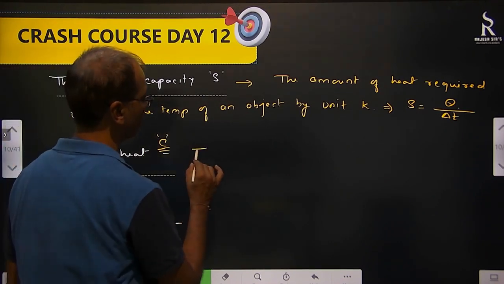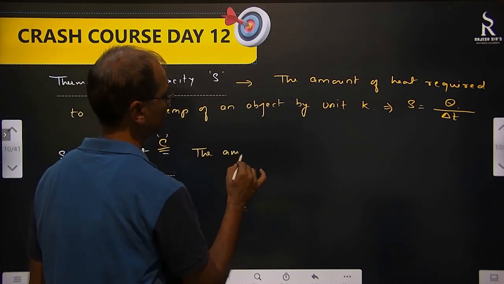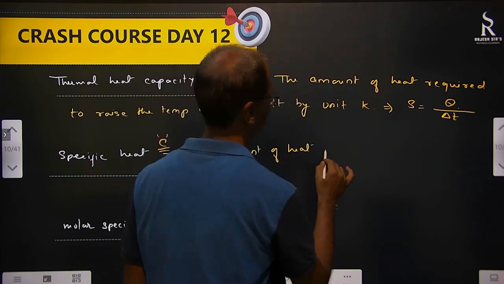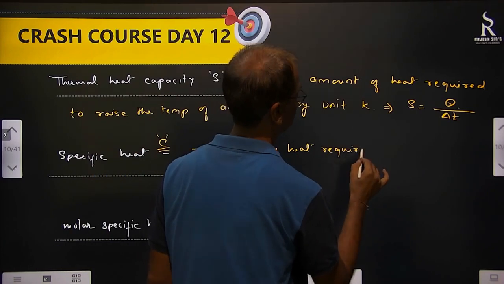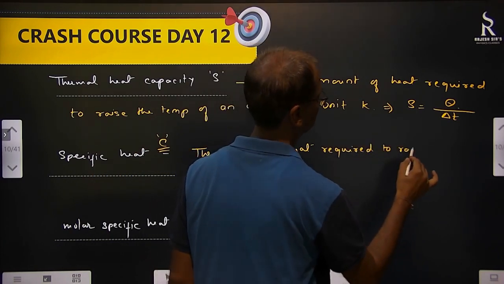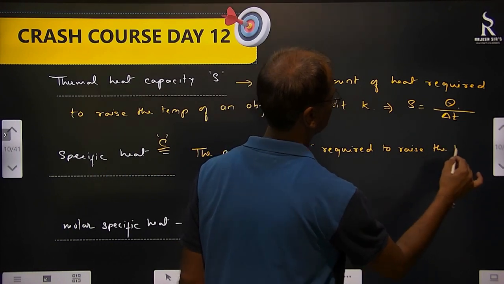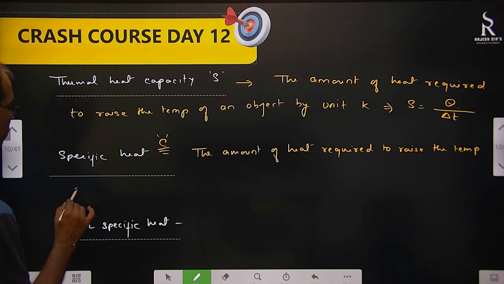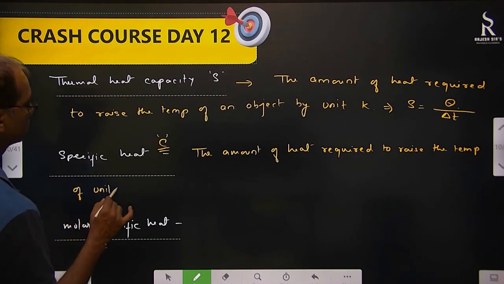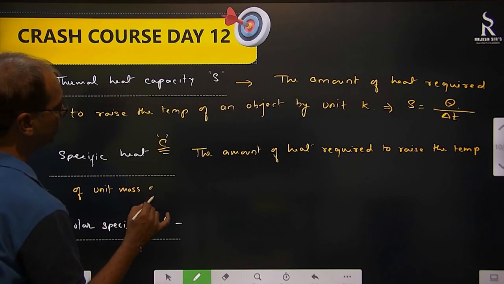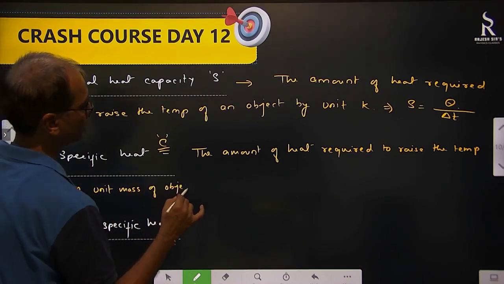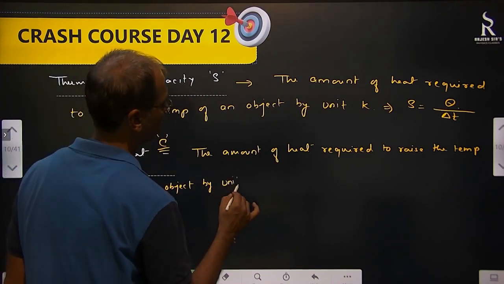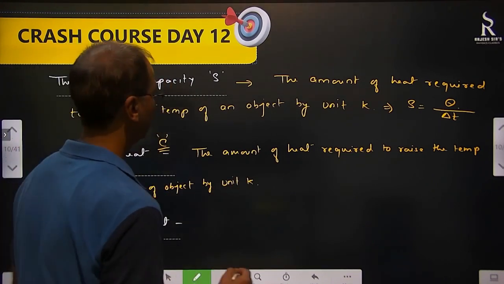The amount of heat required to raise the temperature of unit mass of object by unit degree centigrade or unit Kelvin. Okay, that we are representing with C.